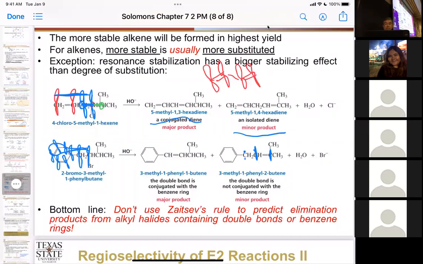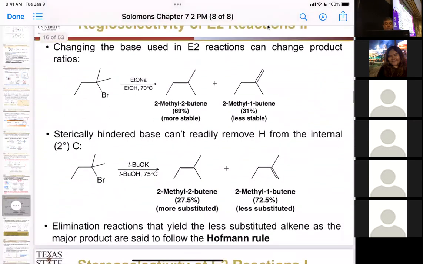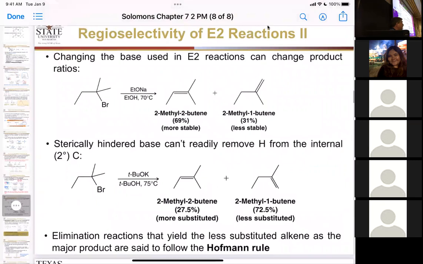All right, now we have one last rule, and it's called the Hofmann rule. The Hofmann rule is if your substrate is such that it has a choice, it has differences between methyl groups and other alkyl groups, and you have a super big bulky base like t-butoxide, you're actually going to change your product ratio.